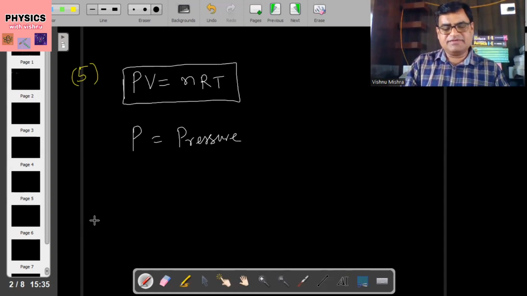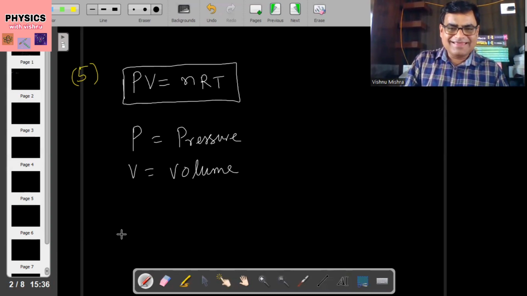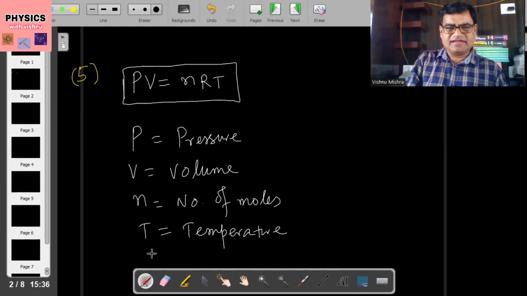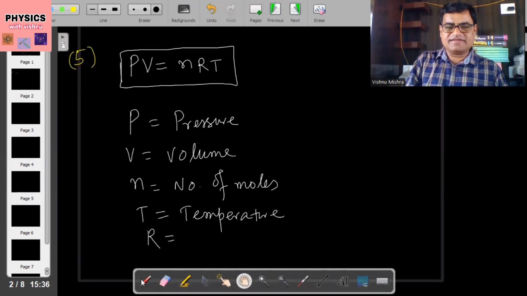V is the volume. Dimension, you know, volume is L cube. And N is the number of moles. And T is the temperature. And R is the gas constant, or this is known as the universal gas constant.